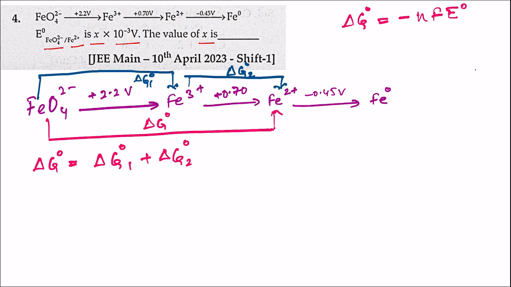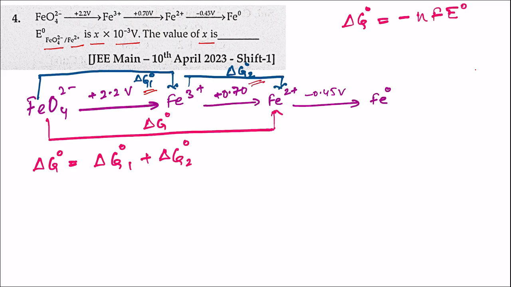Now delta G value for all individual steps can be added. So delta G1 is the value of delta G for FeO4 2- to Fe3 plus. This is delta G1. For the step Fe3 plus to Fe2 plus, the value of delta G is delta G0 2.